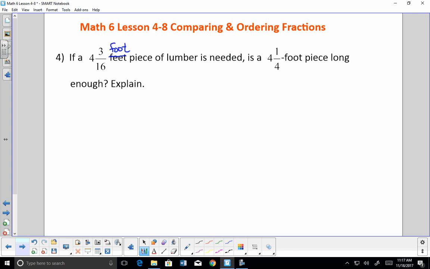We need to compare 4 and 3/16. We need to know which one is bigger out of 4 1/4 and 4 and 3/16. Well, 16 is the common denominator here. 1/4 will go into 16ths, because if I multiply this by 4, it's 4/16. 4/16 is bigger than 3/16, so 4 1/4 is larger than 4 and 3/16.